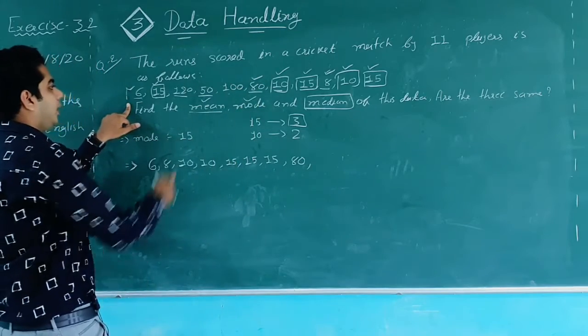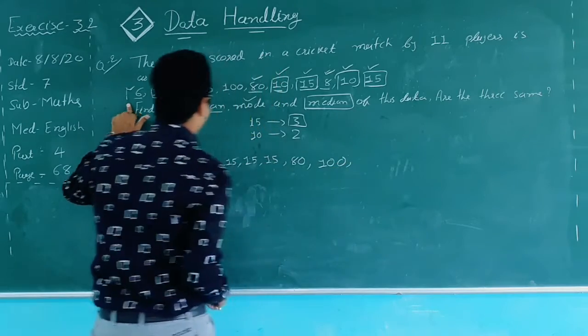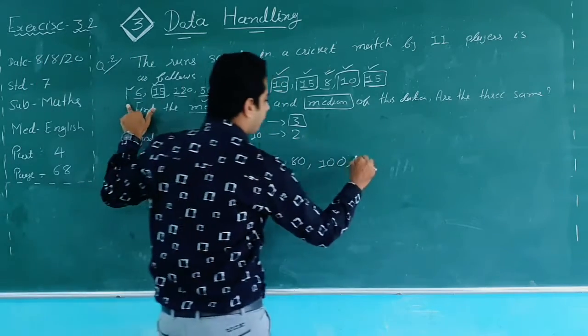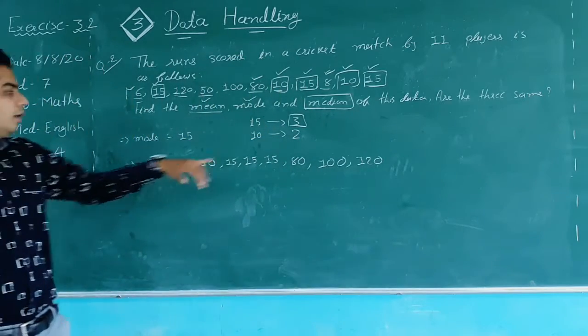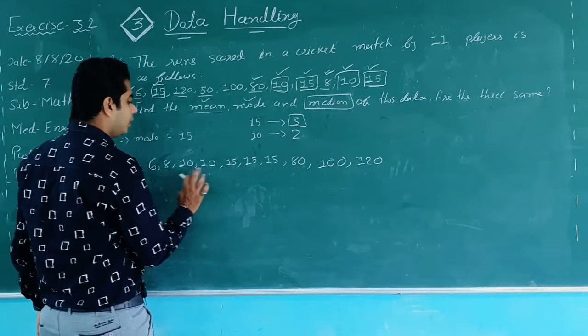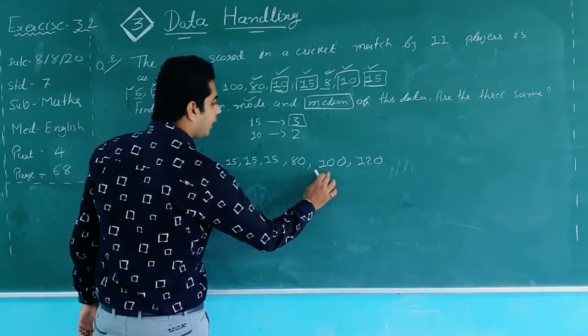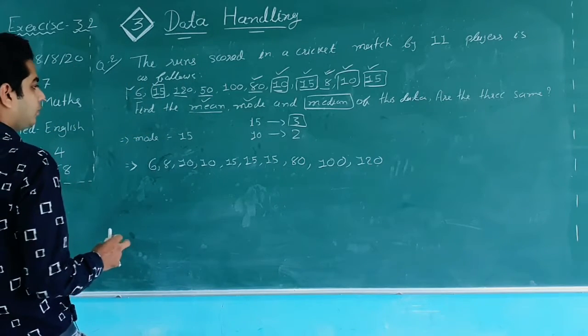नाउ व्हाट लेफ्ट? 80 के बाद आया 100 और आफ्टर 100 द लास्ट इज 120. सो हियर फ्रॉम स्मॉलेस्ट टू द बिगेस्ट, द असेंडिंग ऑर्डर. नाउ count the data 1 2 3 4 5 6 7 8 9 10, but the data is 11, so someone is left.